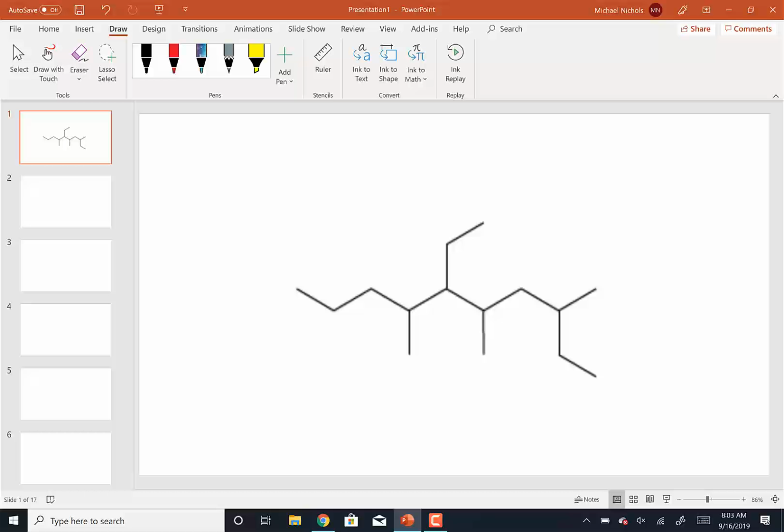So what is our first step? Identify the longest continuous carbon chain in the molecule. Take a minute and do that, and then I'll ask for a number.